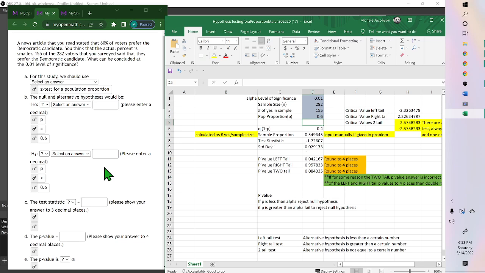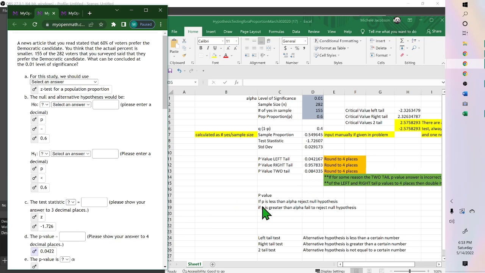Test statistic, z equals negative 1.726 right here. We were again testing less than, so it's a left tail, so it's the 0.042. So that would be here.